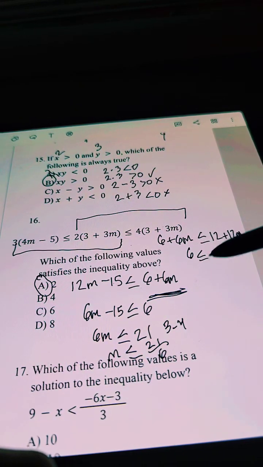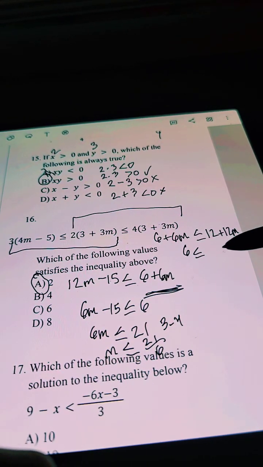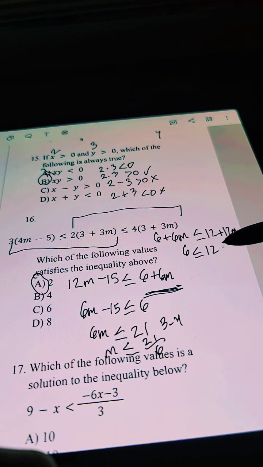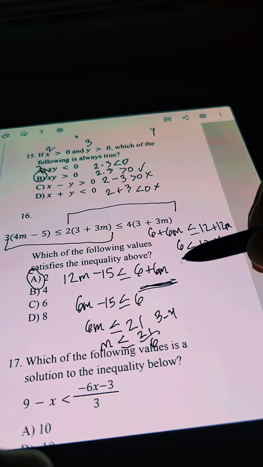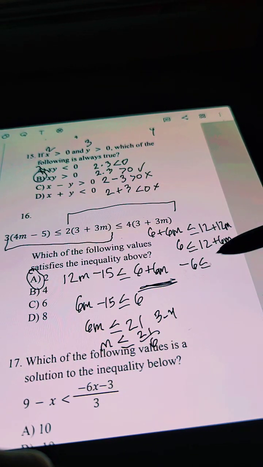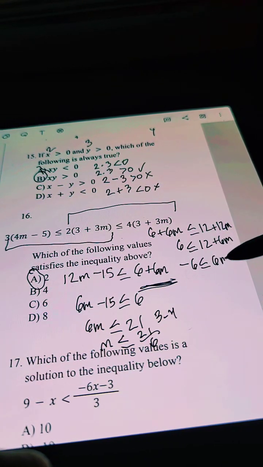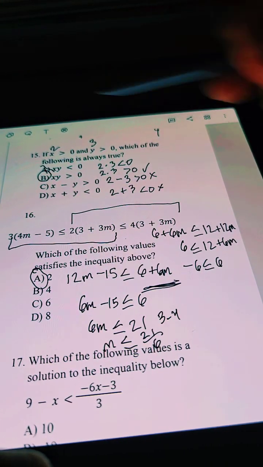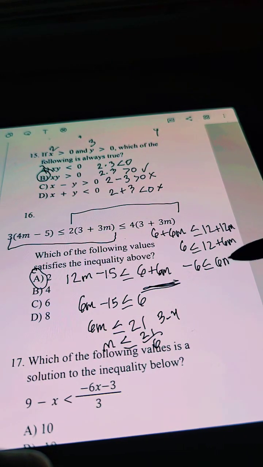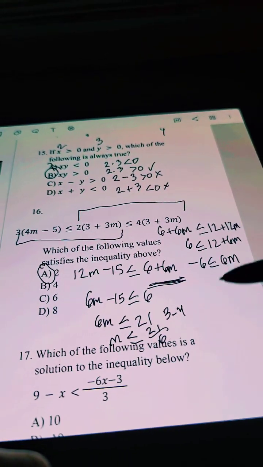We're going to get 6 is less than or equal to 12 plus 6m. And then now we're going to subtract 12 from each side, so that's going to be negative 6 is less than or equal to 6m. Whoops, that's supposed to be an m. Okay, so now we're going to divide by 6 on each side.